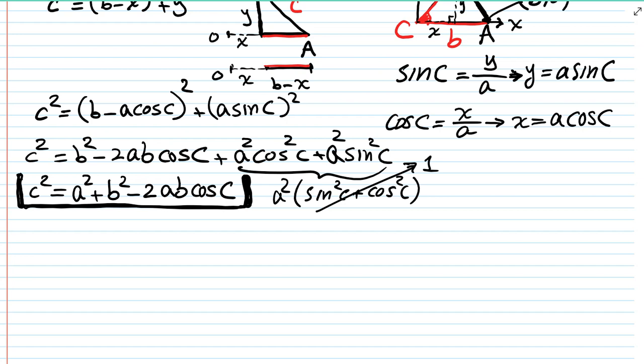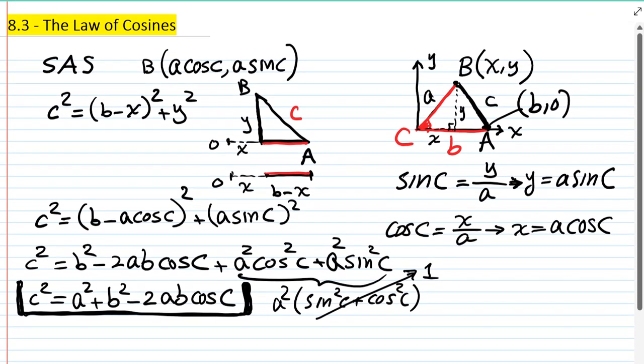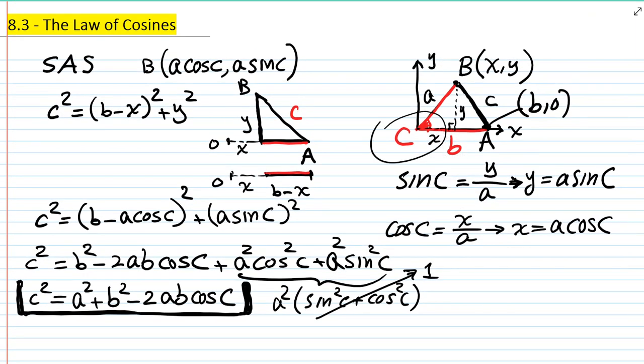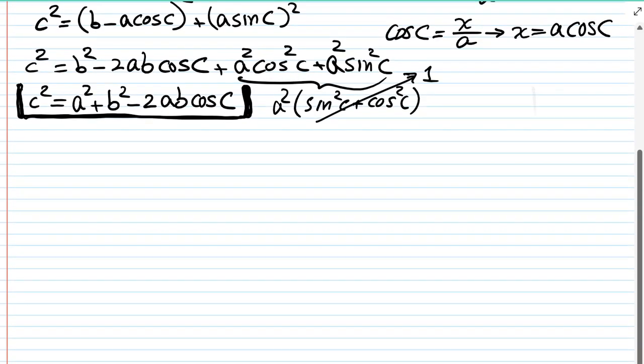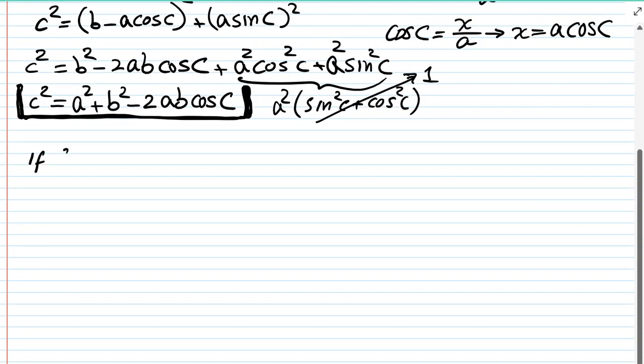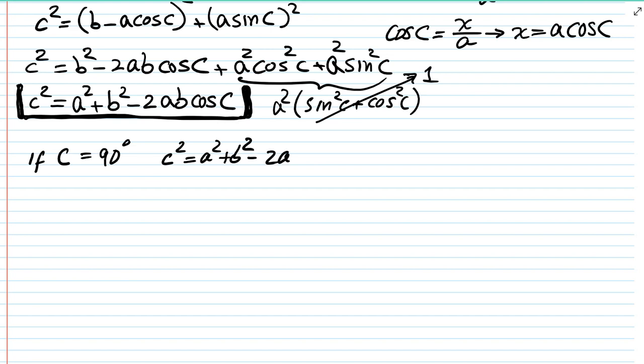Okay, now, by the way, right in here, I have an acute angle, and as I mentioned, this derivation also works if C is an obtuse angle. But if C is a right angle, what's going to happen is this. Let me write. If the measure of angle C is 90 degrees, it's a right angle. So this becomes C squared equals A squared plus B squared minus 2AB cosine of 90.